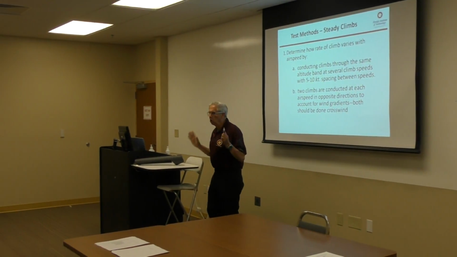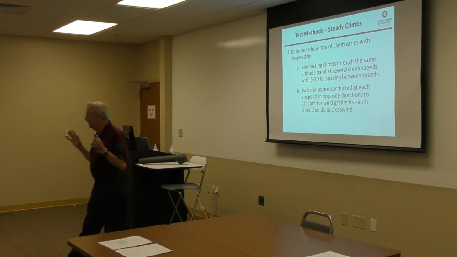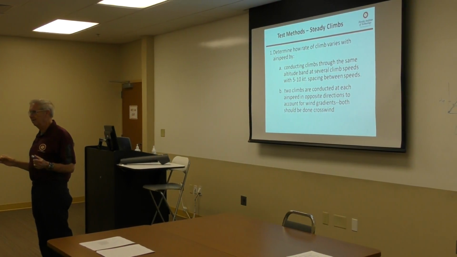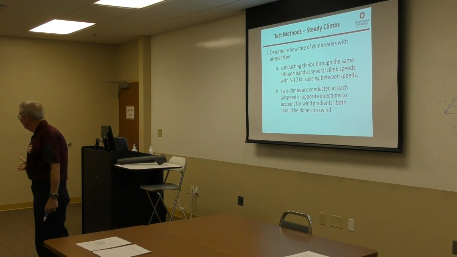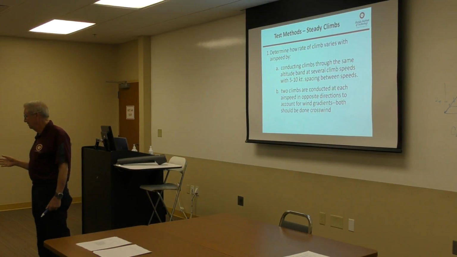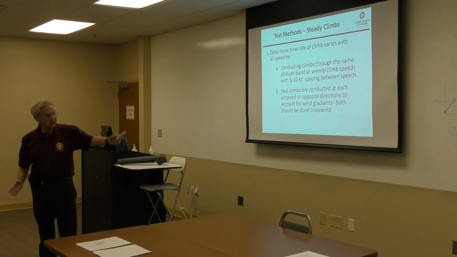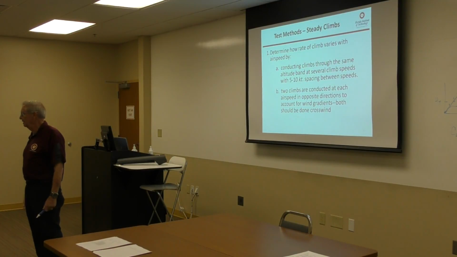We are not going to do that in the class. We're not going to determine the best rate of climb speed. We're going to assume that Piper already has done that, and they did. So we have the best rate of climb speed that we can use.